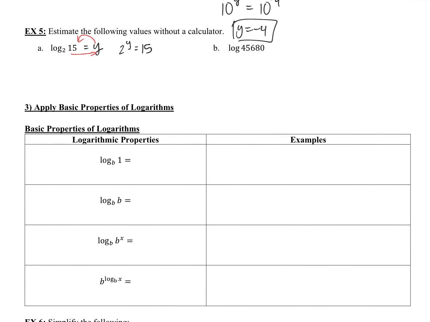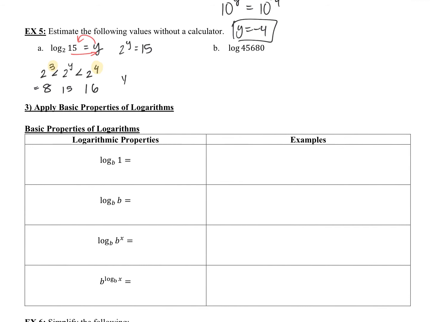I know that 2 to the 3rd power is going to be 8, and then 2 to the 4th power is 16. So that must mean that 2 to the y power is somewhere in between these values, which means that y is somewhere between 3 and 4.